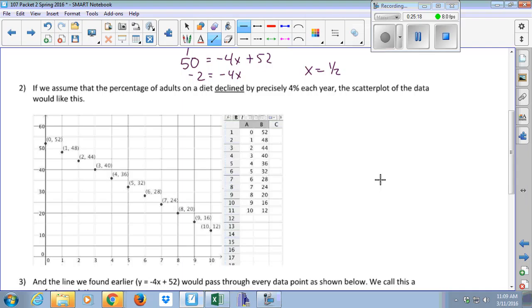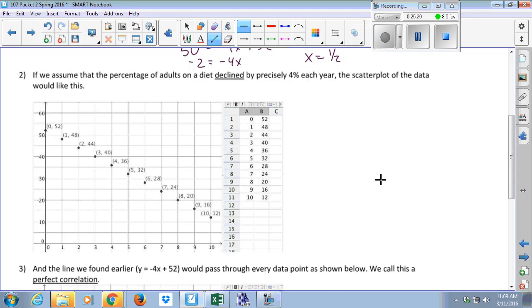Okay, so if we assume that the percentage of adults on a diet declined by exactly 4% every year, no variation, you can see in this table that as x increases by a unit increase of 1 year, the percent decreases by 4, and it stays constant.